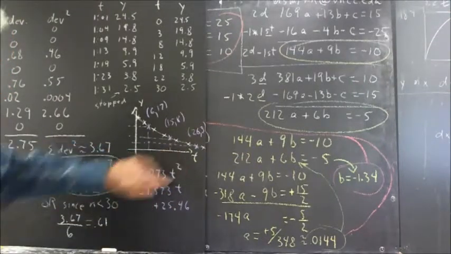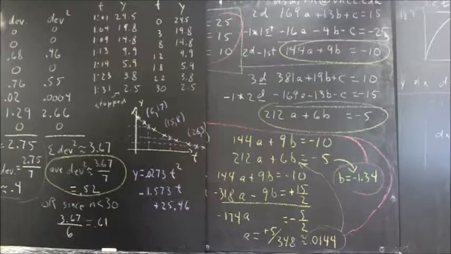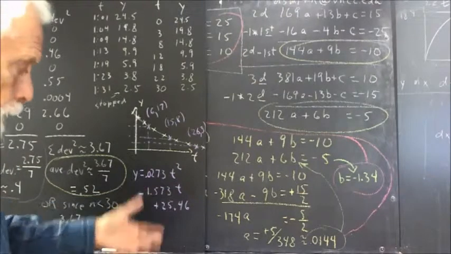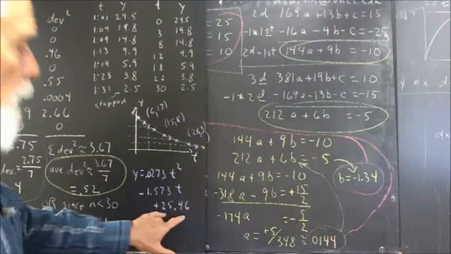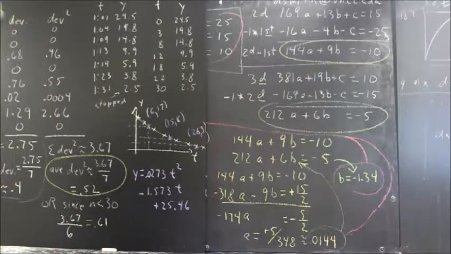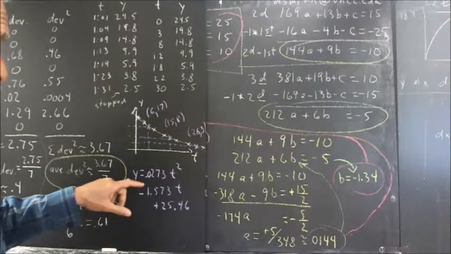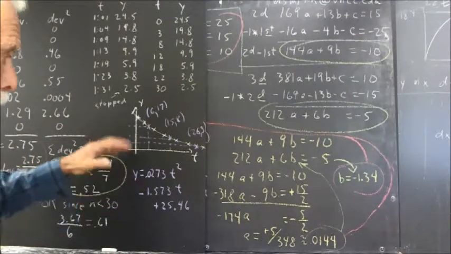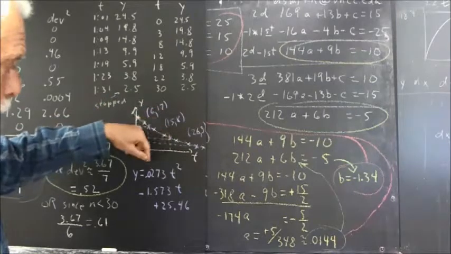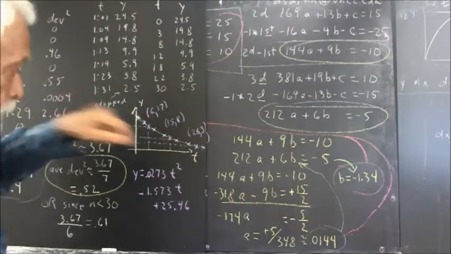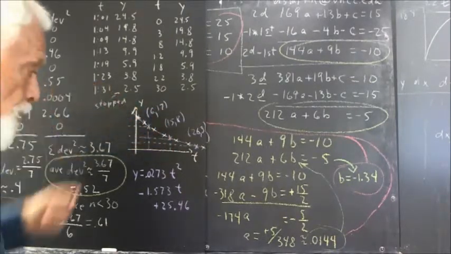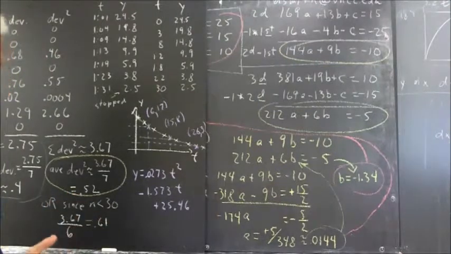A linear function would just have the t term and the constant term, and the coefficient of the t term would be the slope of the graph, and this would be your y-intercept. Now, this is the y-intercept, but we don't have just one slope. We have changing slopes, and this t squared term is what causes the slopes to change.